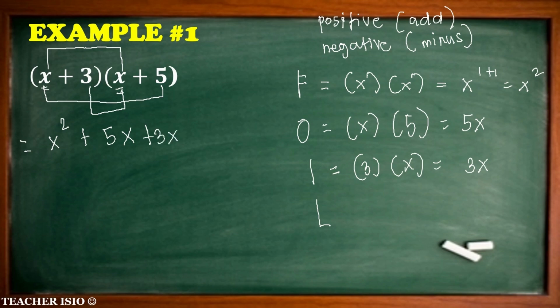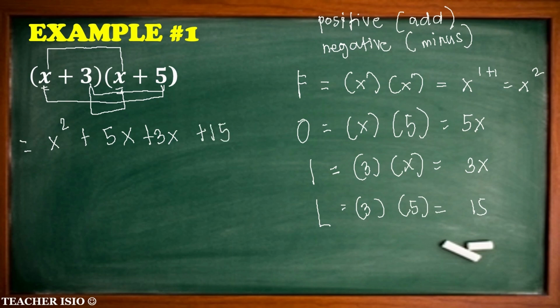Next, let's have the last term. So, yung last term, siya yung nasa pinaka dulo. Okay? So, ibig sabihin siya yung pangalawang term ng kada factors. So, which are 3 and 5. So, we have 3 times 5. So, we have 15. Since positive to, we have plus 15.